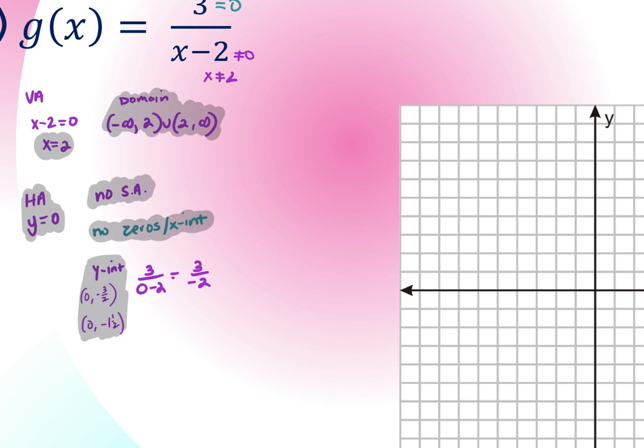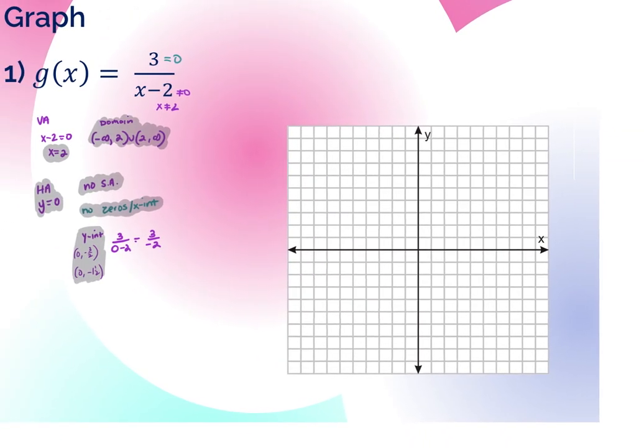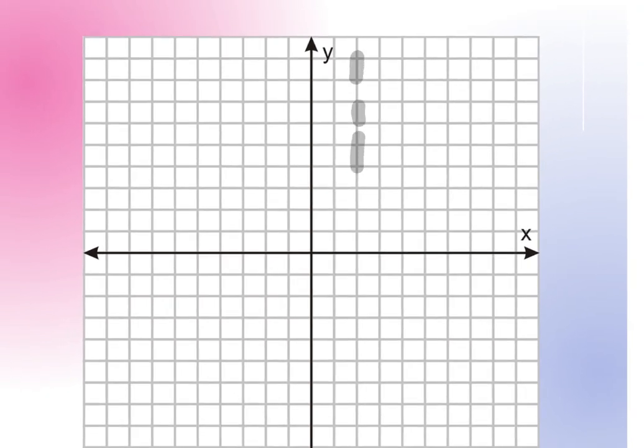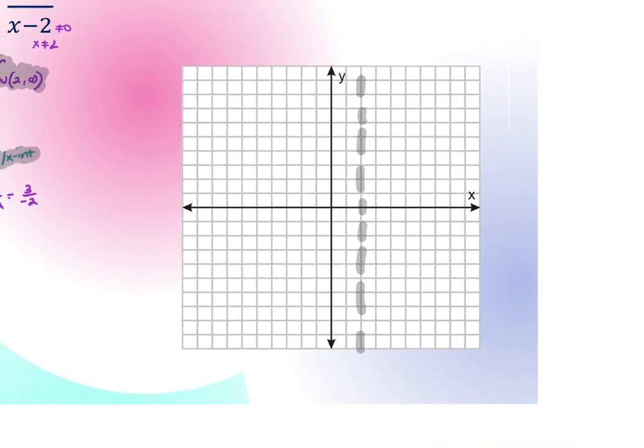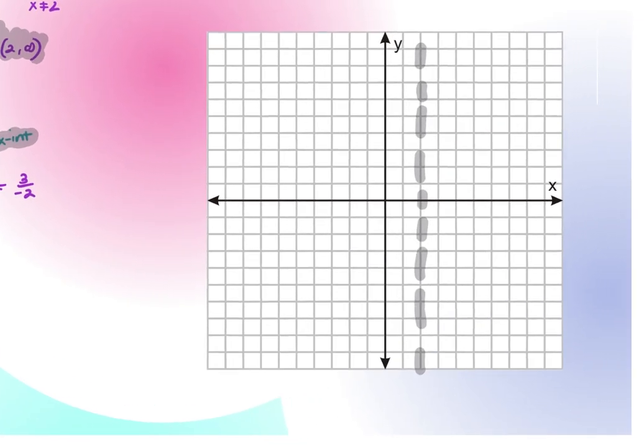Okay, all right, so now I'm going to go to my graph. I'm going to plot all my asymptotes. So the vertical asymptote is at x equals 2. It's a vertical line that passes through 2. My horizontal asymptote is at y equals 0. So it's a horizontal line that passes through 0.